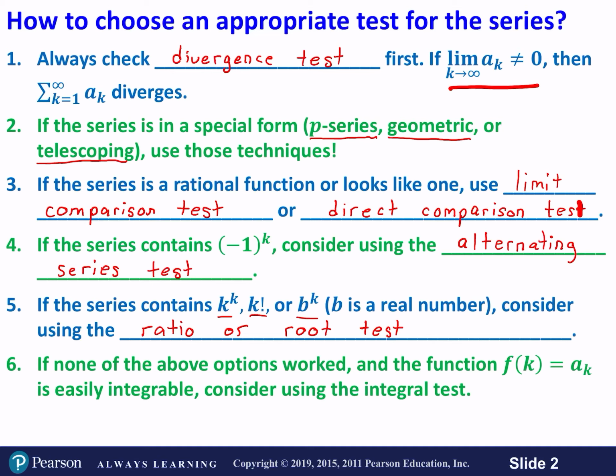Sometimes it can be difficult to consider the limit, and comparisons can often be tricky. So especially if it contains a factorial, definitely consider using the ratio or the root test. And sixth, if none of the above options work and the function f of k equals a of k is easily integrable, so you can integrate it easily, consider using the integral test. That's normally a last resort for us, though.